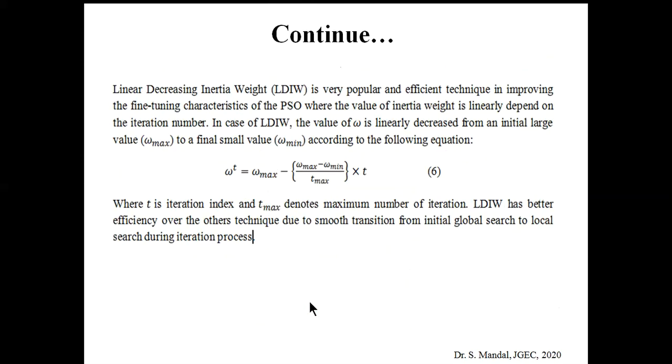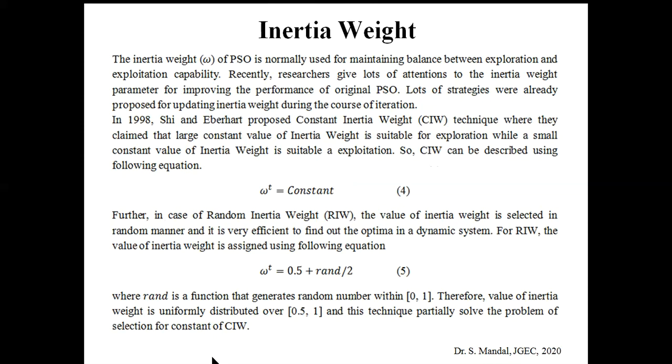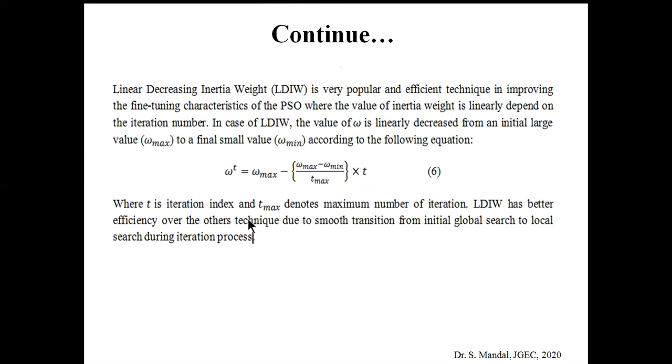Now one of the most popular strategies is the LDIW, or linear decreasing inertia weight strategy. It is a very popular and efficient technique for improving the fine tuning characteristic of PSO. Fine tuning means balancing between global and local search. We already know that a large constant value of inertia weight is for global search, and a small value is suitable for local search.